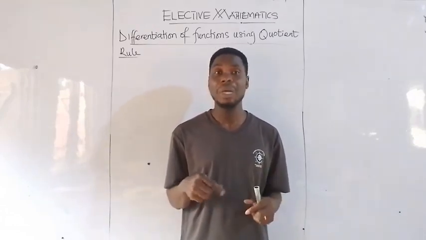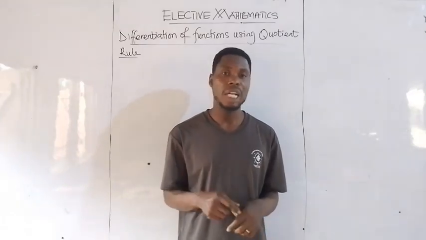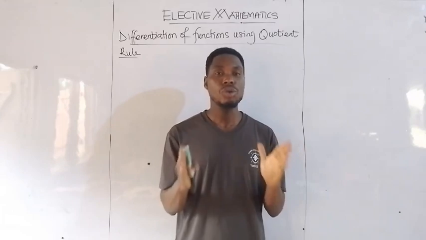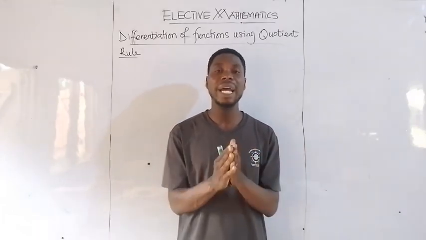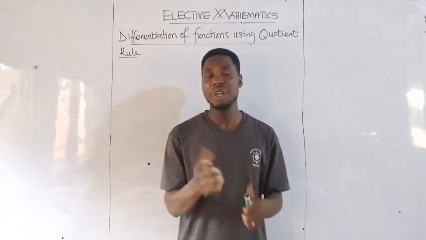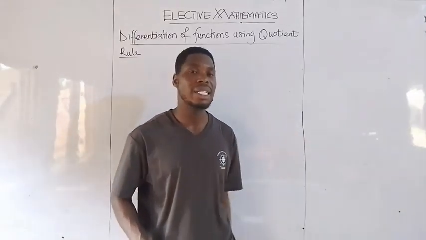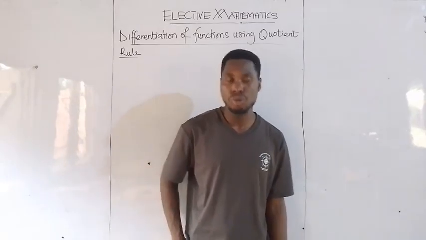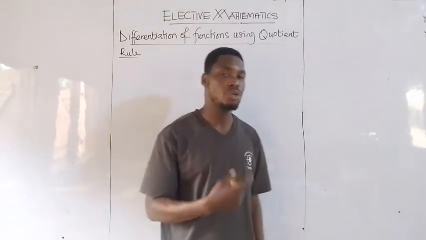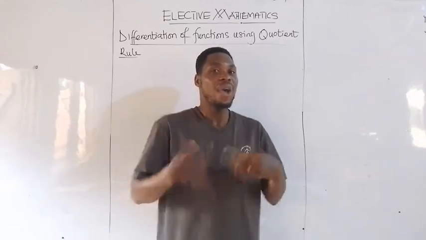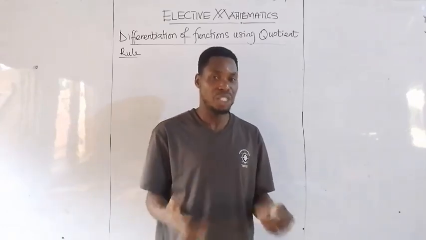The last time we met, we looked at the product rule. The product rule comes into play when we have two functions multiplying each other, and I gave you the formula for it. For today, we want to look at the quotient rule. When should we use the quotient rule?